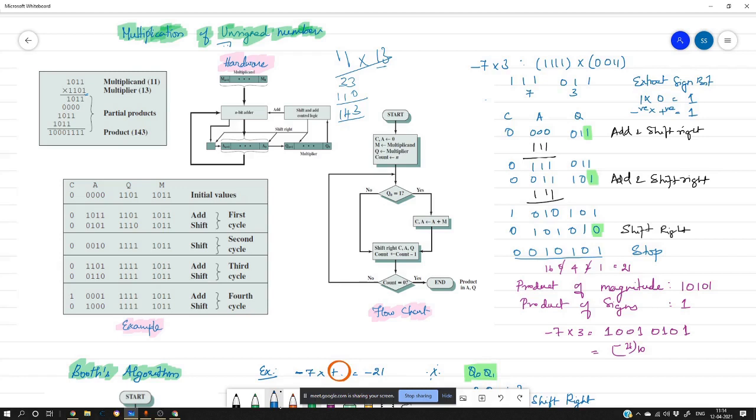Right? And in the next step, before you consider the next bit in the multiplier, you just shift this one position right, meaning that you just leave this blank or just have 0. So that is what is being called shifting. So you just shift the number and proceed with multiplying the multiplicand with the next bit of the multiplier.